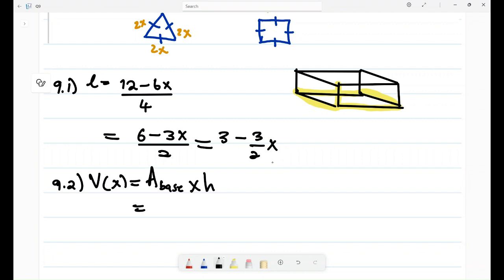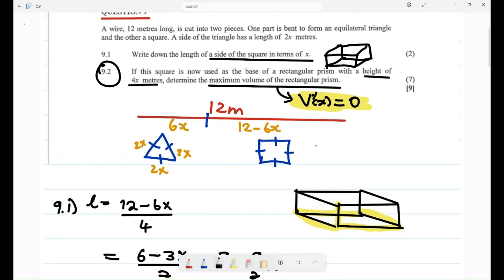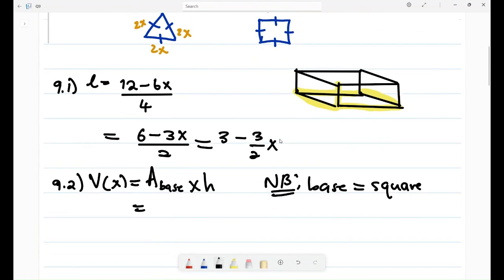But what is our base? Note that our base is our square. If this square is now used as a base of a rectangular prism, we were told that the square is used as the base.